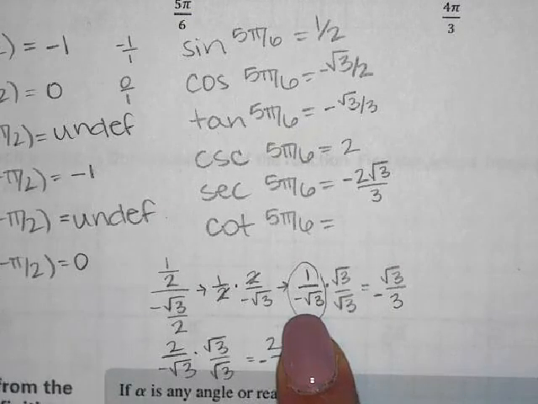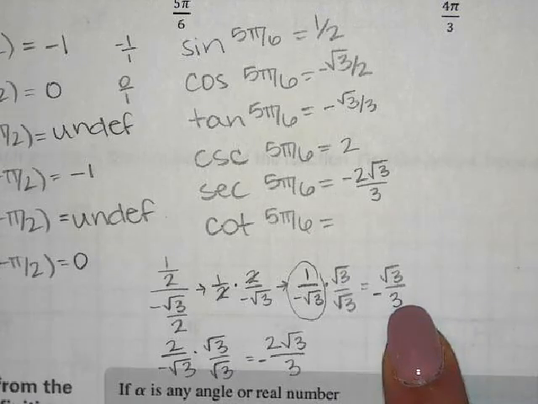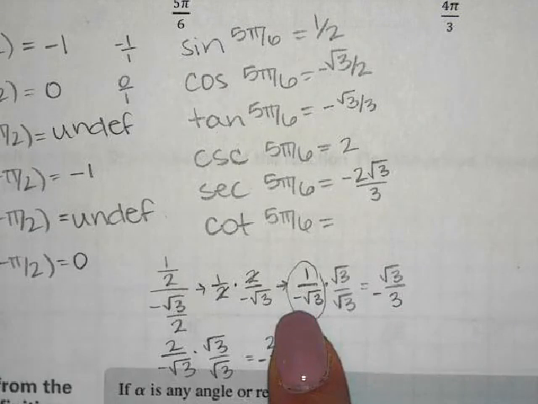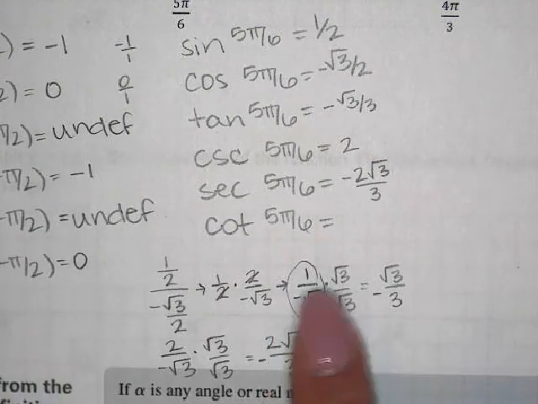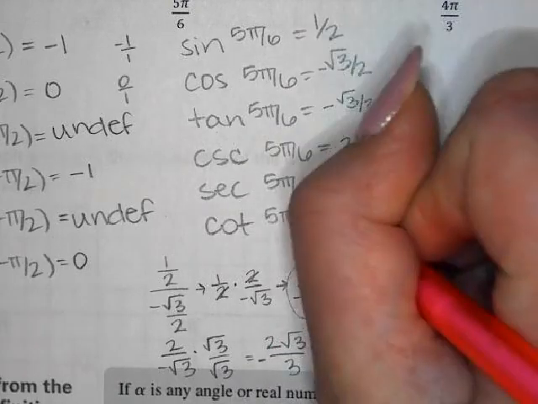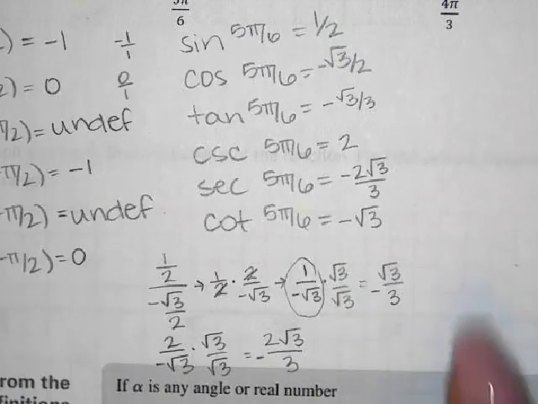If I flip the other answers, I'm still going to get the right answer, I just have to do some work. But if I flip this one right here, then I'll have the right answer immediately. So if I flip it, I have negative root 3 on the top and 1 on the bottom. And negative root 3 on the top and 1 on the bottom is just negative root 3. Okay, so there's my 6 answers.